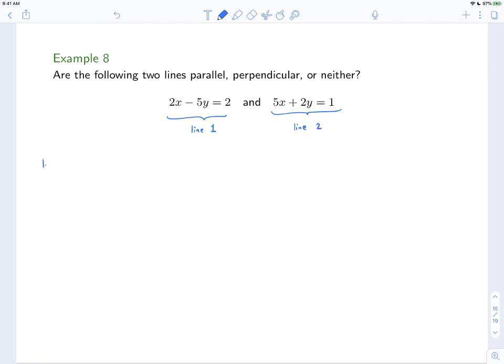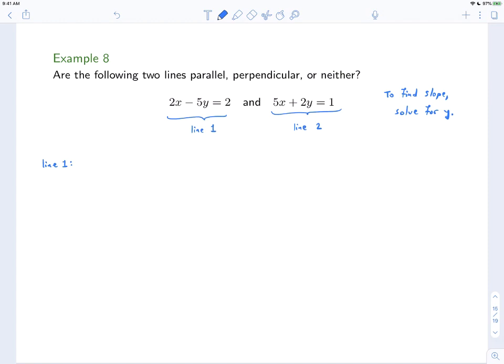We'll start with line 1. We just want to find the slope. To find the slope, solve for y. If you solve it for y, you put it in slope-intercept form, so it's easy to read off the slope.